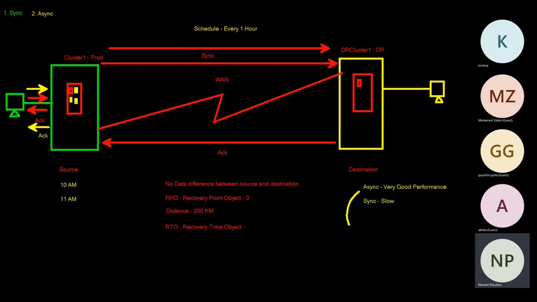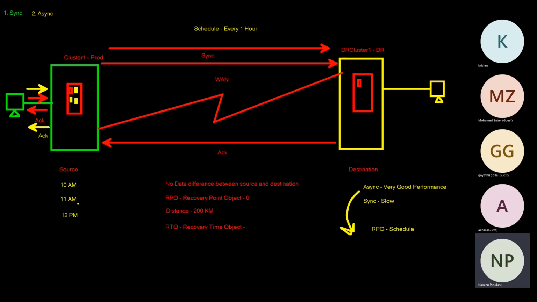And when it comes to async, obviously there is an RPO. Again, that depends on your schedule, right? For example, last time I copied my data at 11 a.m. Now the next schedule is 12 p.m., afternoon.